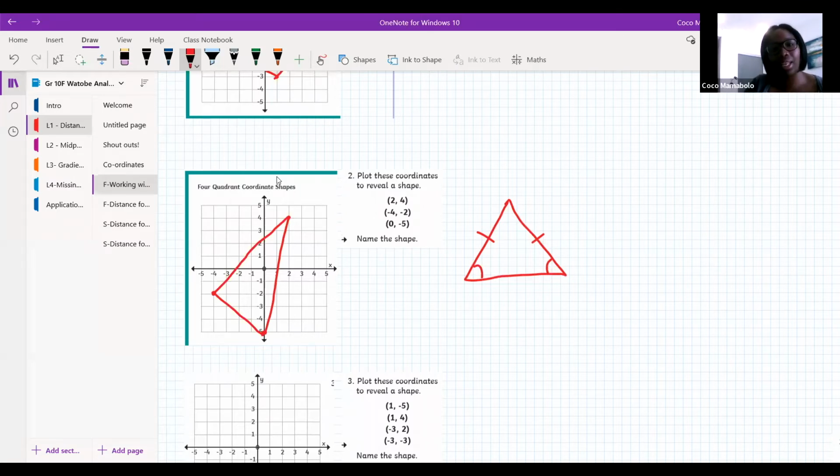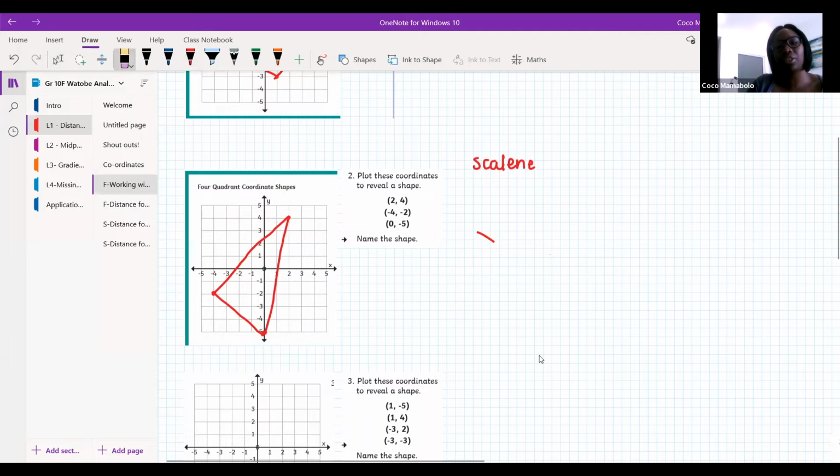It's going to be scalene. Does anybody remember what scalene means? What does scalene mean, guys? Emilio, at this point, I feel like you're just guessing. You're just going with the rest of the class as they answer.